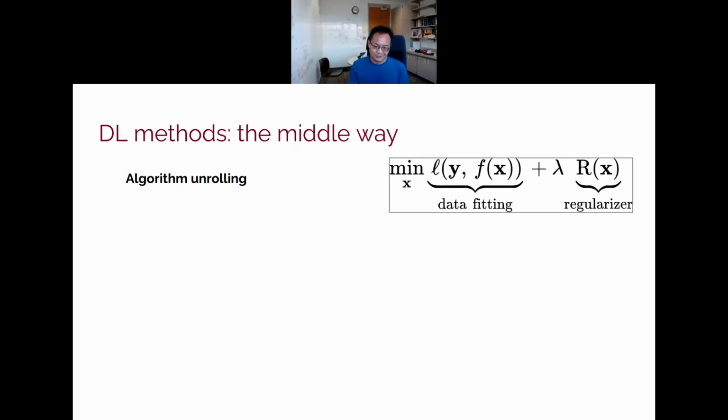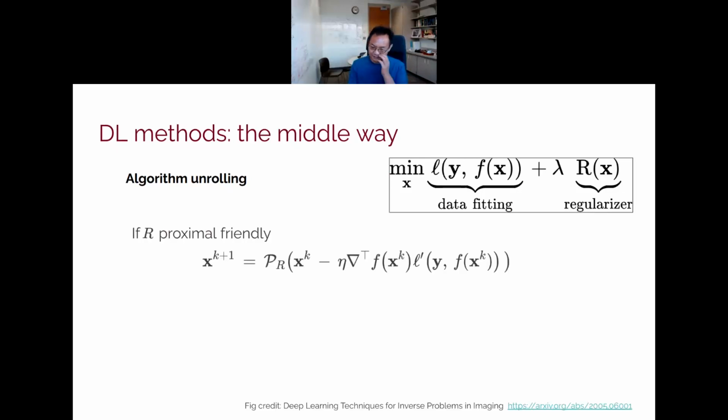One family of ideas is called algorithm unrolling, which is based on the observation that, in numerical optimization, people typically approach this kind of problem using projected gradient, right? Of course, that's provided this R is sufficiently simple so that you can do an easy proximal operation. But in any case, we are taking some gradient step and then a kind of proximal step.